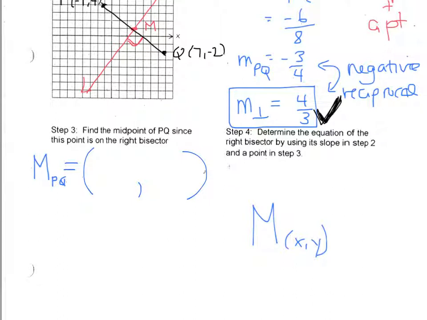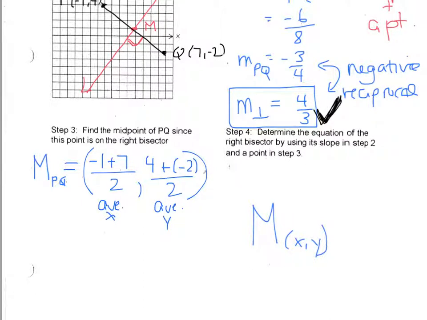So we use big brackets, and the average X value would take the two X coordinates and add them and divide by 2. And the average Y value, likewise, would take the two Y coordinates and divide by 2 after you've added them. So this is the average X and the average Y.